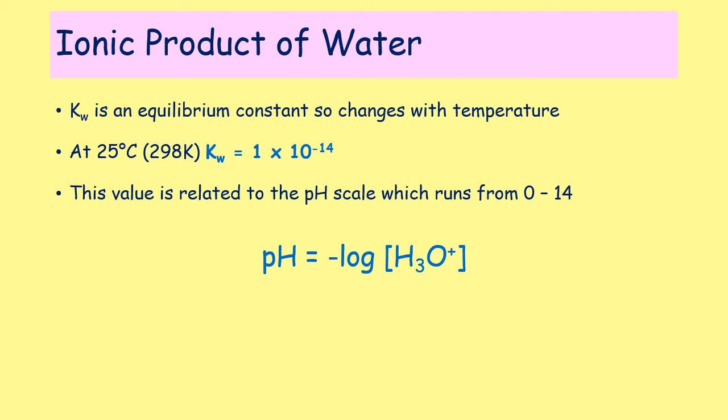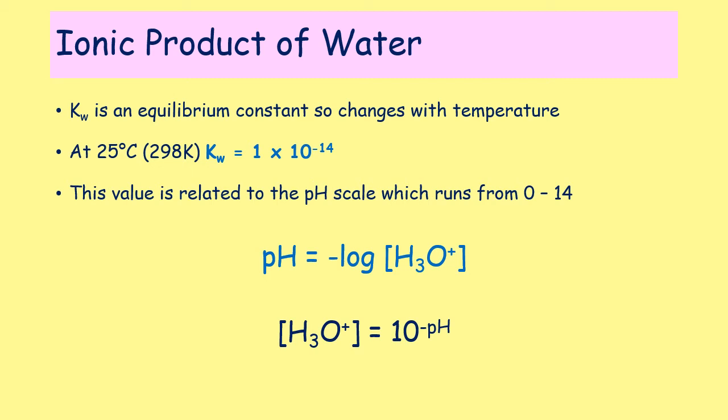So on your calculator, you would press the negative symbol, press the log button, and then type in the concentration of H3O plus to give you your value. If you wanted to work out the concentration of hydronium from a pH value, the reverse is to do 10 to the negative power of the pH, which tells you the concentration of H3O plus.